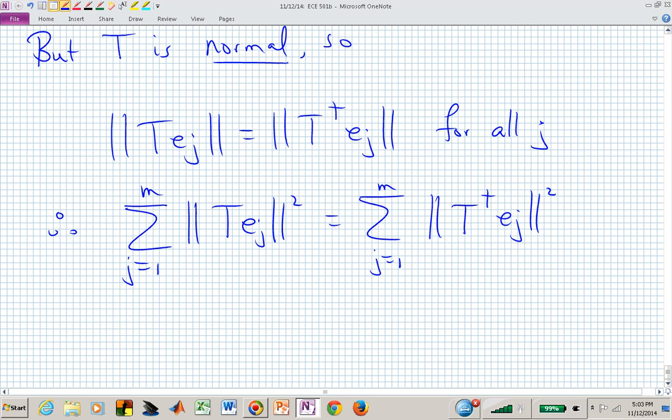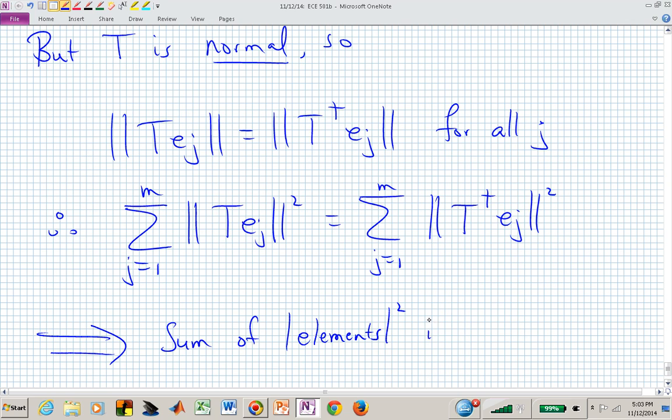The only way that they can be the same is for what to be true. What do we know about the elements squared in block B?